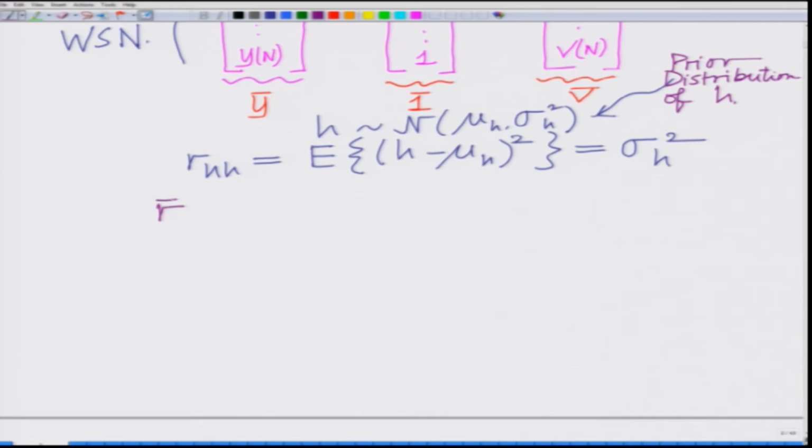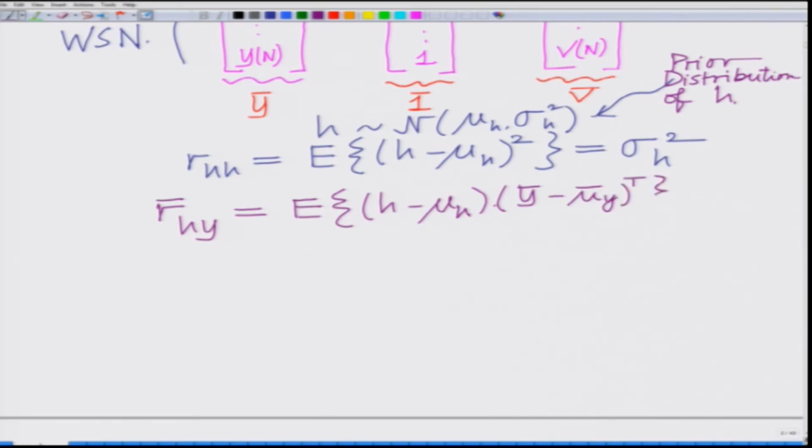Further, we have r bar h y, this is going to be a vector, the expected value of h minus mu h into y bar minus mu bar y transpose. We have already evaluated this quantity r bar h y. This is going to be sigma h square into 1 bar transpose, that is it.